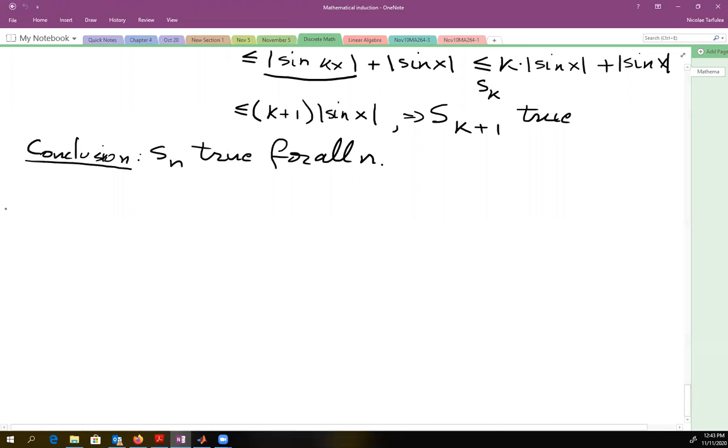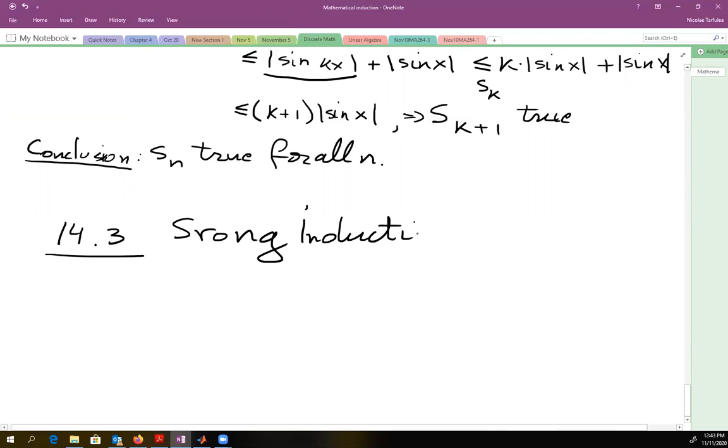I'm going to continue our discussion on induction by talking about strong induction. I think it's section 14.3 in the textbook. So this is about strong induction.